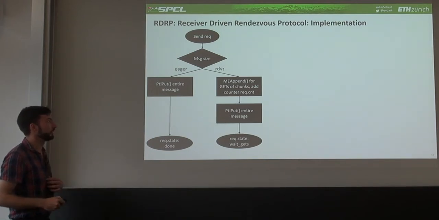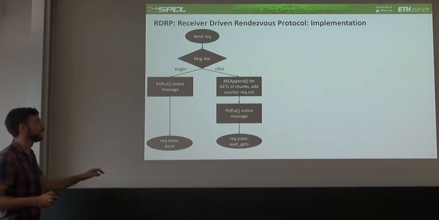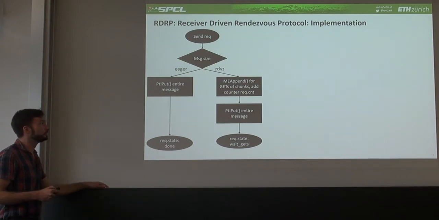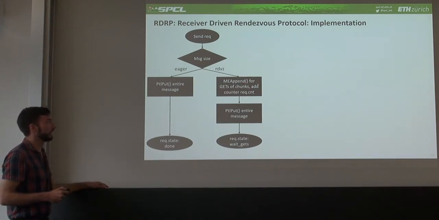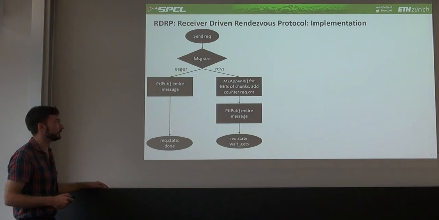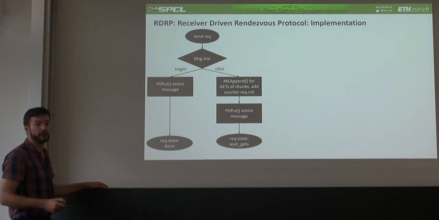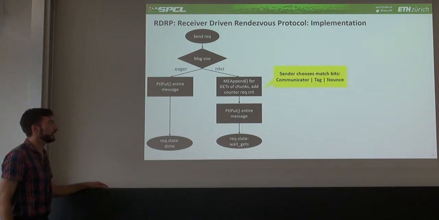But if we have a big message, we go into a rendezvous protocol. We do an ME append, so we add a match list entry for the gets at the sender side, and we add a counter to this ME to count how many chunks were actually received by the receiver. And then we do a Portals put of the entire message. Here we utilize a small trick.